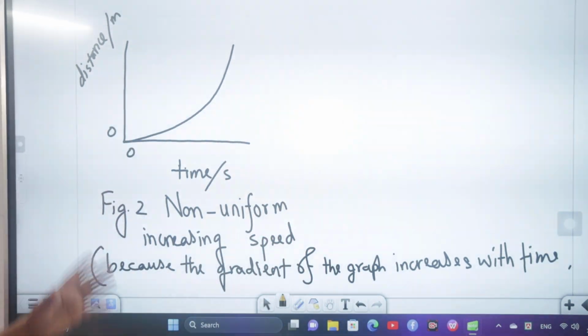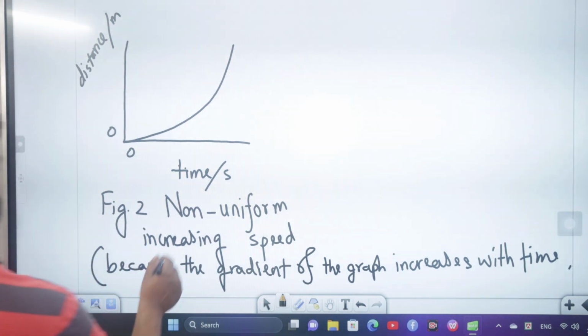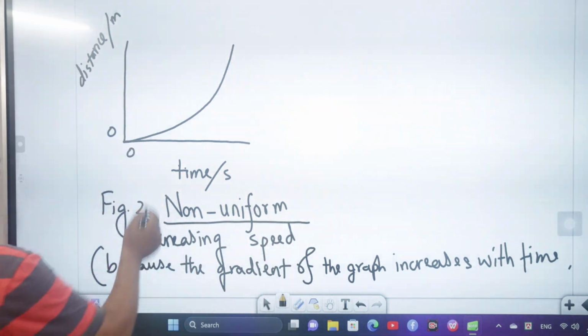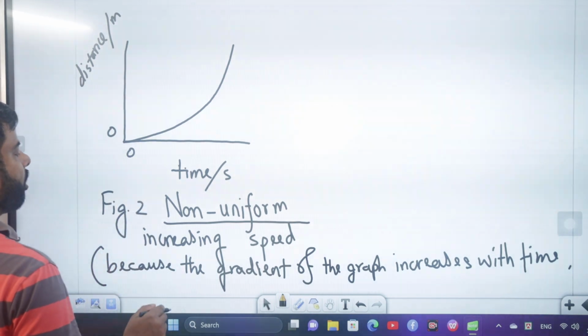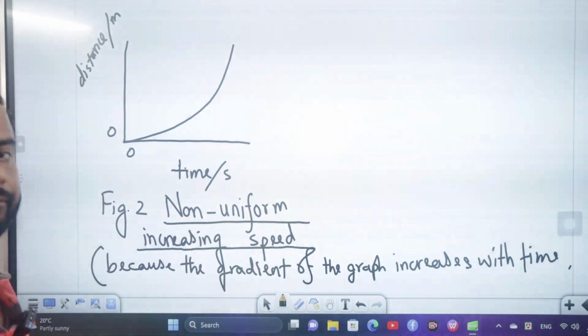So if the graph is a curved one, then it is non-uniform speed. If the gradient of the graph increases with time, then it is increasing speed.